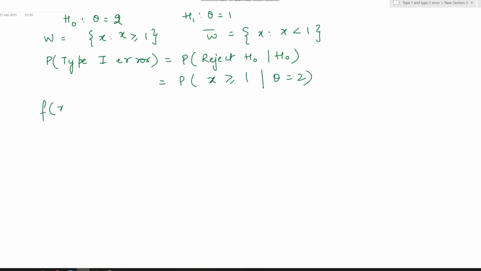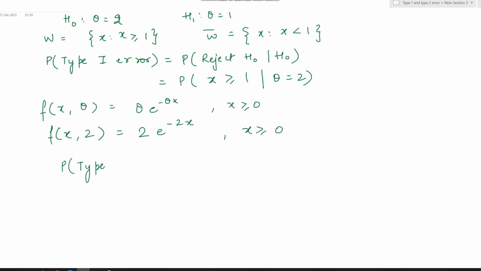We have seen that the PDF in this case is theta times e to the power minus theta x for x greater than or equal to 0. Now we need to calculate the probability that x is greater than or equal to 1 given theta equals 2. So f of x comma 2, since theta is equal to 2, is 2 times e to the power minus 2x for x greater than or equal to 0.